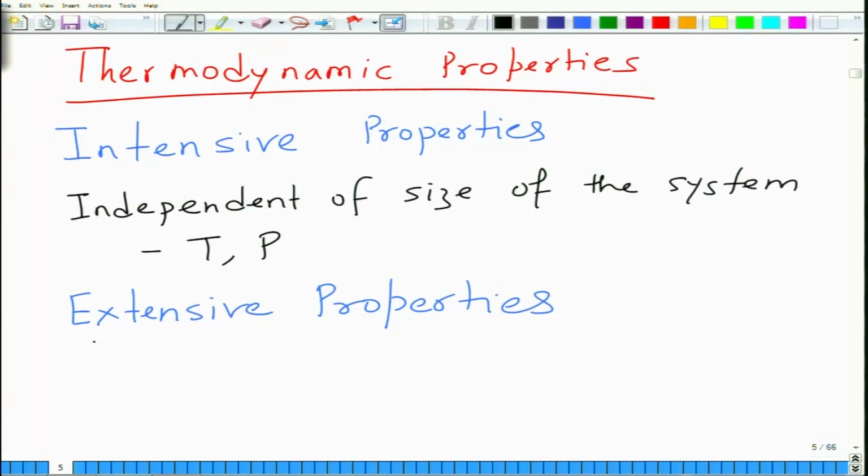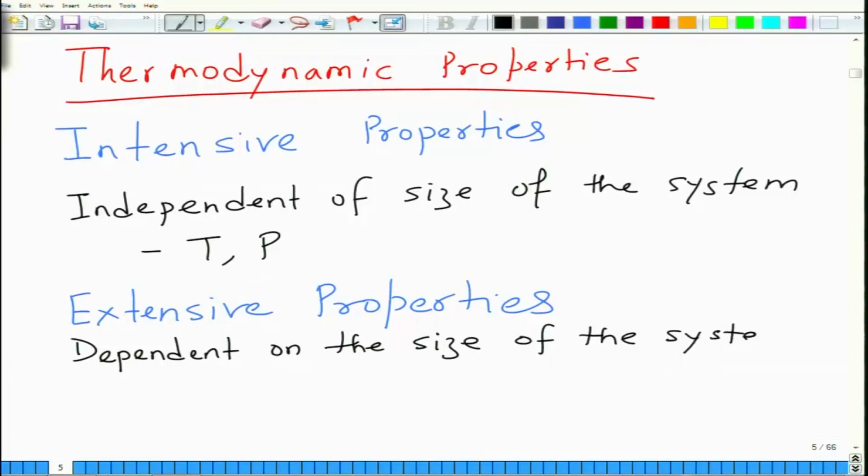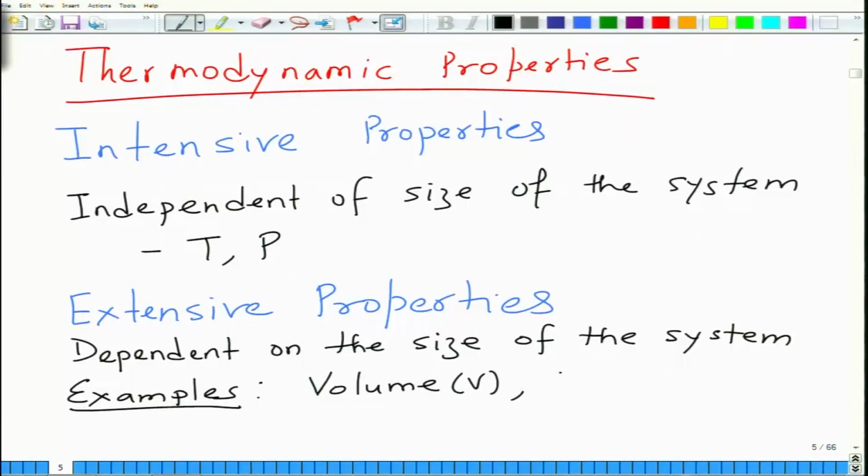An example is volume, since volume depends upon the size of the system. Others are internal energy U, enthalpy H, entropy S, or free energy G.